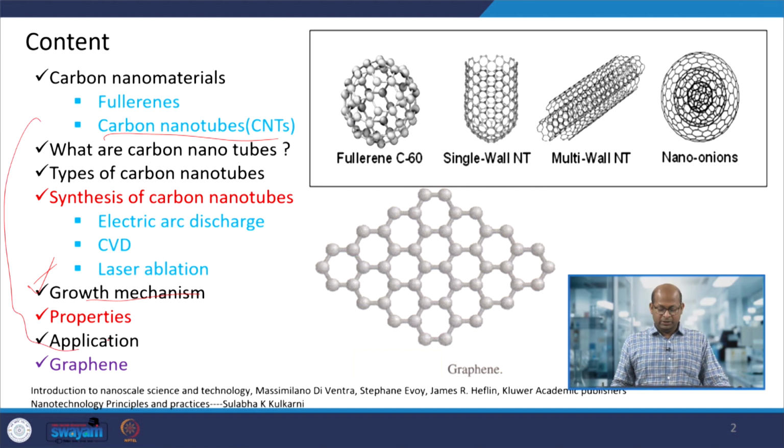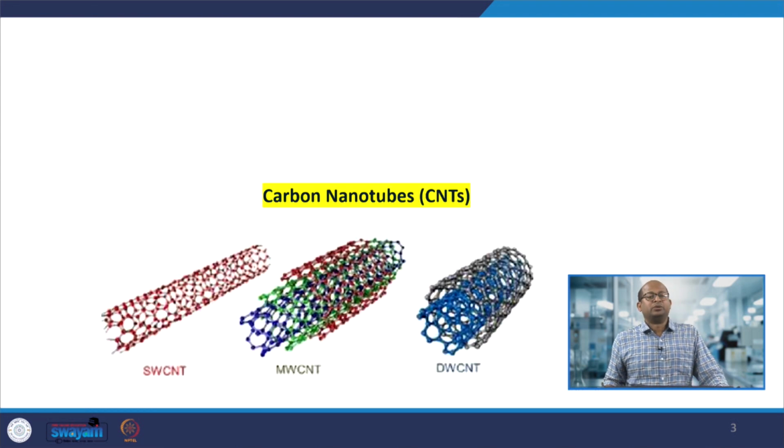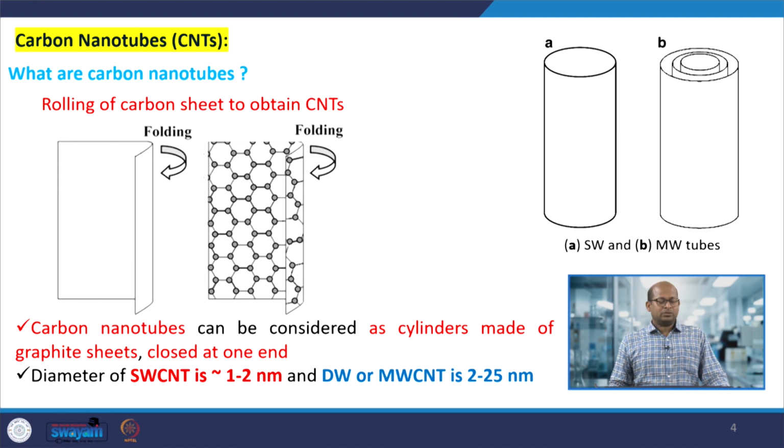We already said that carbon nanotubes may be single wall, multi wall, or double wall carbon nanotubes. These are the different allotropes of carbon. So what are carbon nanotubes? Here you can see it starts with carbon atoms hexagonally arranged, which form a sheet.